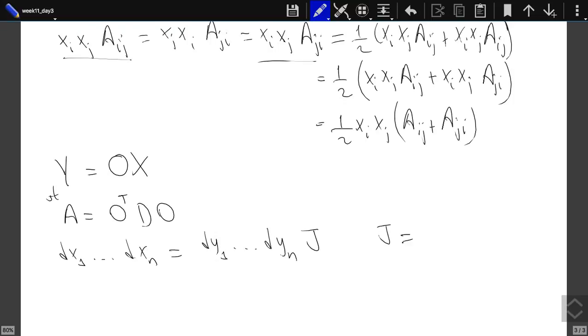And the Jacobian will be nothing but the determinant of O inverse. But being an orthogonal matrix, the determinant of O and its inverse, which is nothing but its transpose, is just 1.